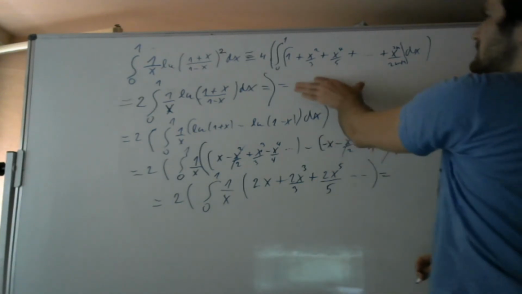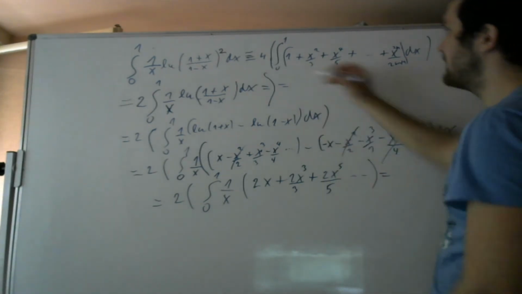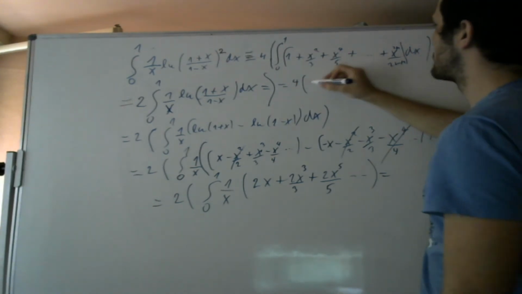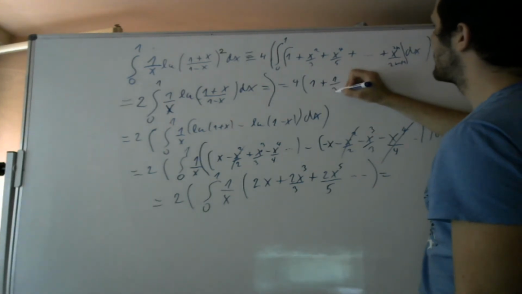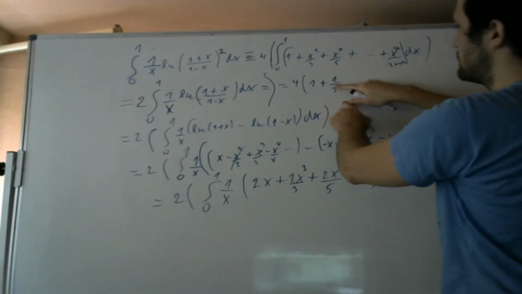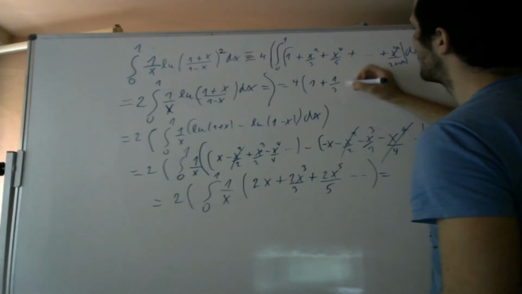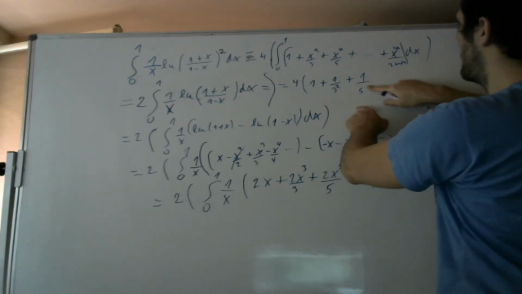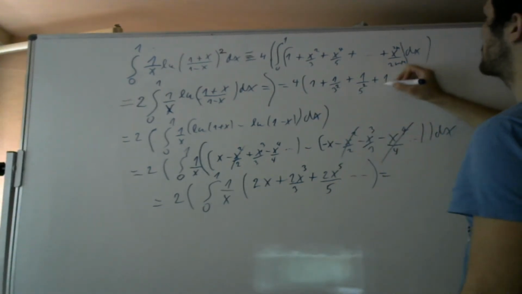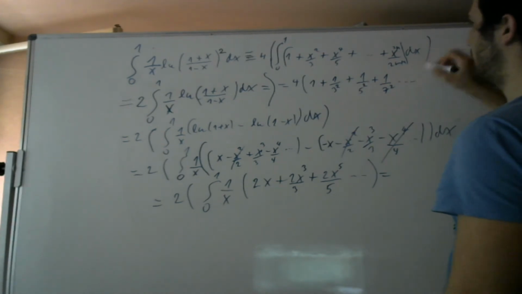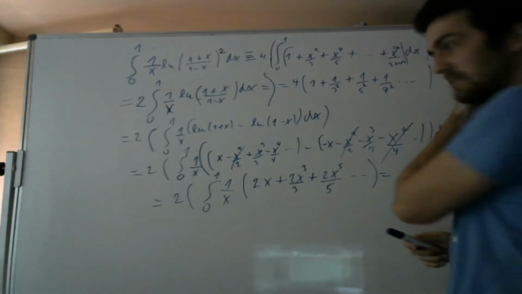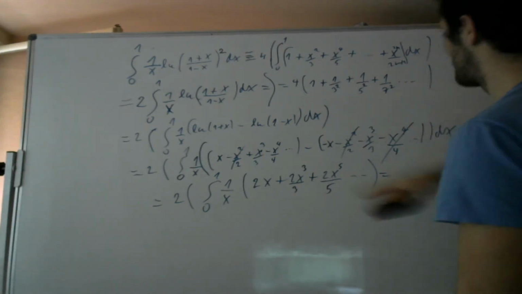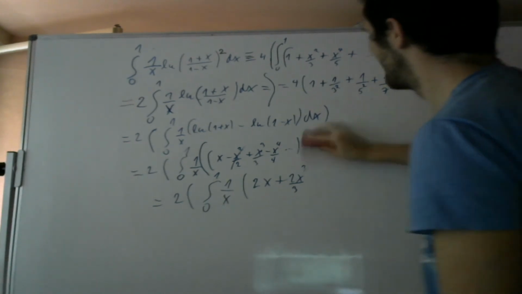When we integrate this term by term, what will we get? We get 4 times, from 0 to 1, 1 plus 1 over 3 squared, plus 1 over 5 squared, plus 1 over 7 squared, and you can see the pattern.